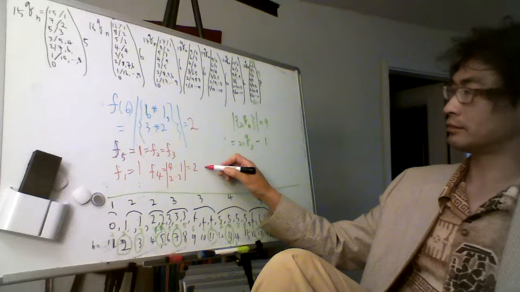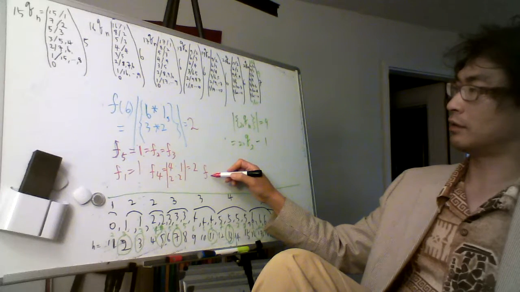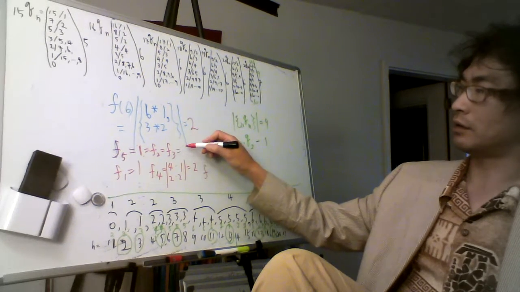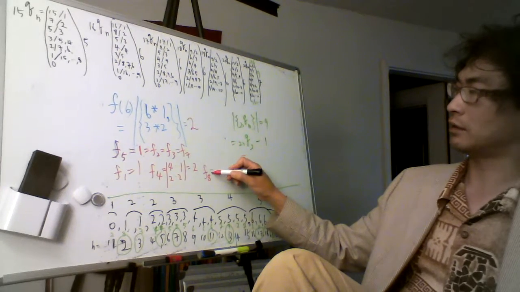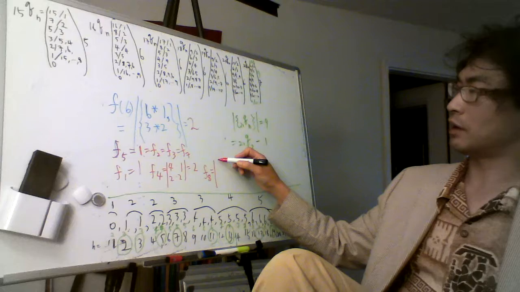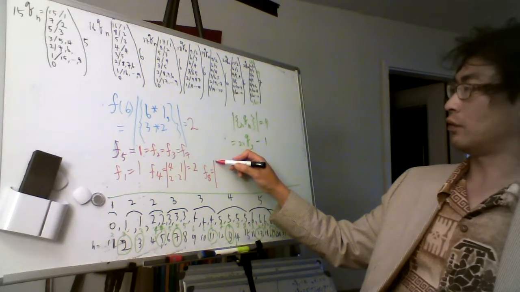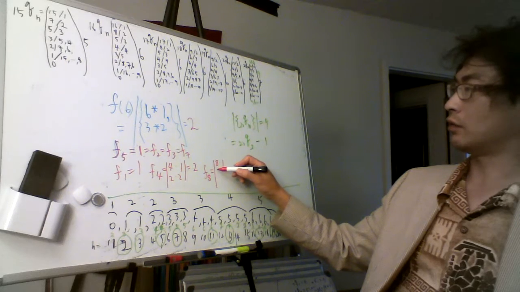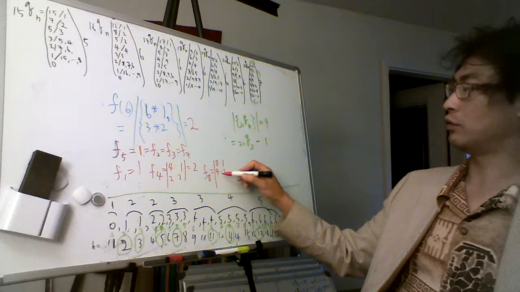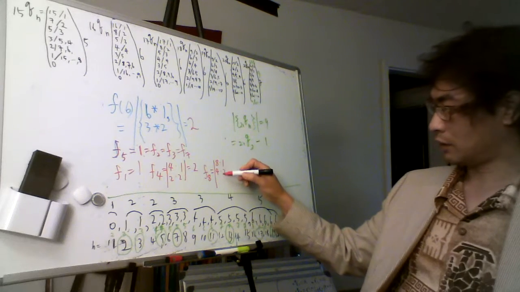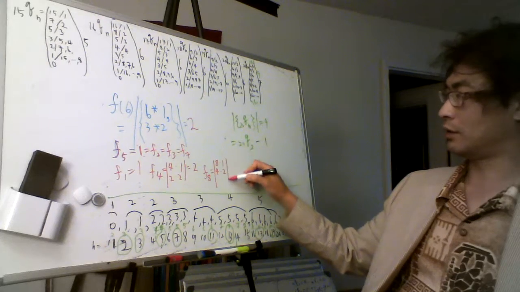Then F7, right? F8. How many ways are there? 8 times 1, right? Then you have 4 times 2, 2 times 4, 4 times 2. They're the same. That's it, right?